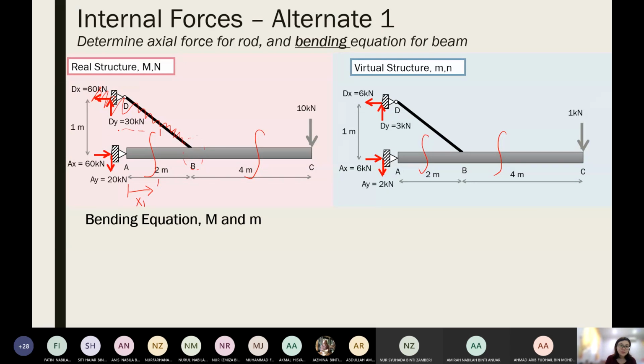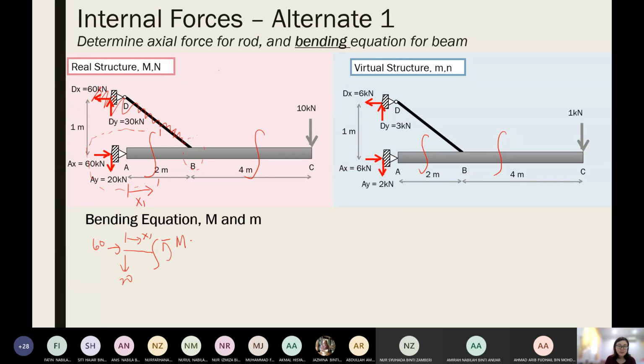You just need to focus here only, because you are starting your x1 from this left section. Now if I draw this free body diagram out, it will be something like this: 20, 60, and then the bending moment, and this is x1.